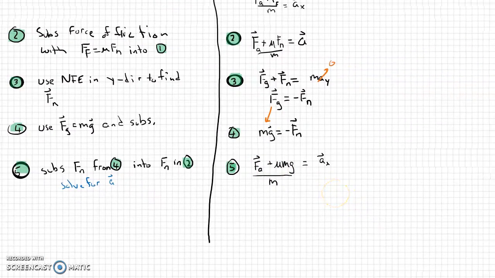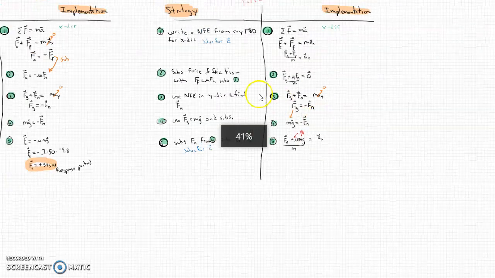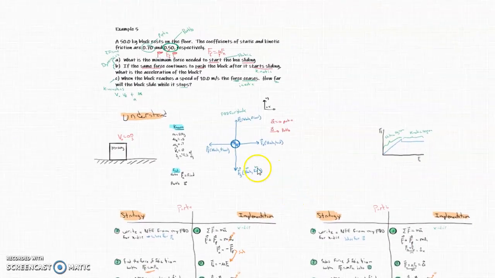Now, I do want to point out there's a bit of a red flag here. Specifically, the red flag has to do with the sign that you're seeing here. When we substitute into the equation, this is a magnitude substitution. It's not really a vector substitution. Let me zoom out to my free body diagram here.